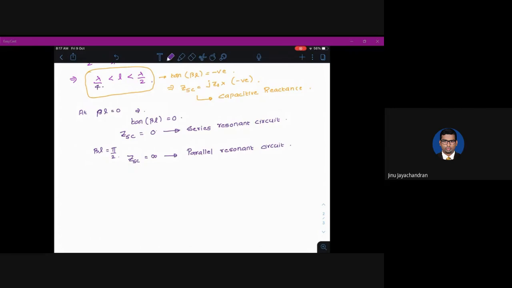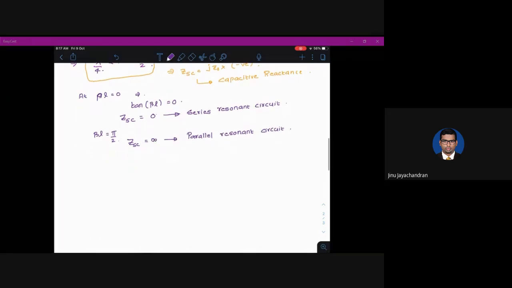To find the value of the length, basically your Z_SC is equal to jZ0 tan of beta L. The value of L will be 1 by beta tan inverse of Z_SC by Z0.